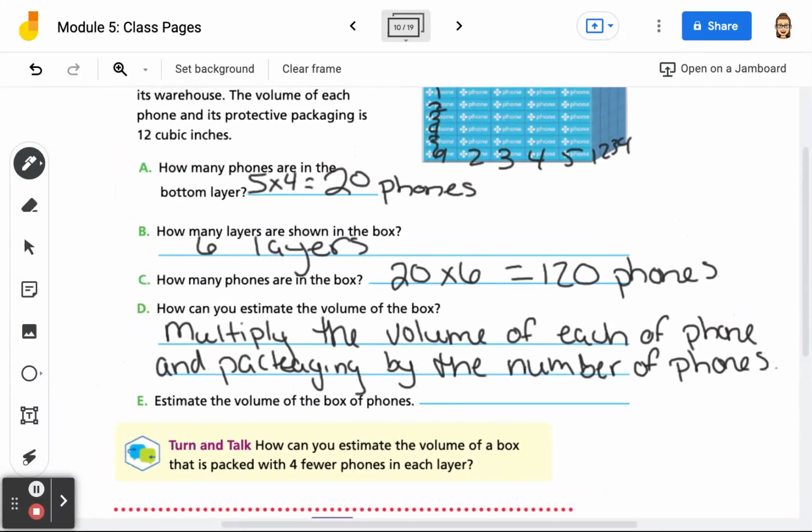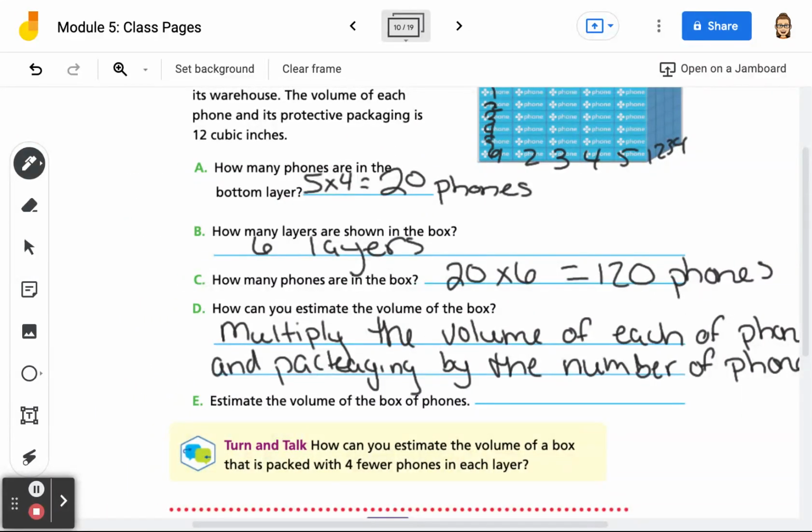So if we do 120 times 12, 2 times 0 is 0, 2 times 2 is 4, 2 times 1 is 2. Then we place a 0, 1 times 0 is 0, 1 times 2 is 2, 1 times 1 is 1.